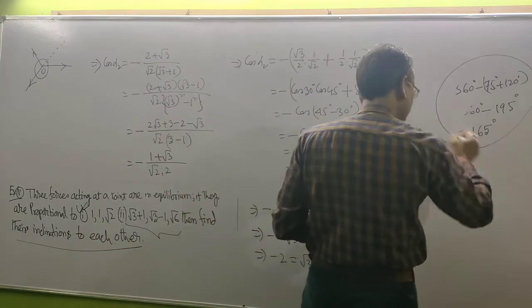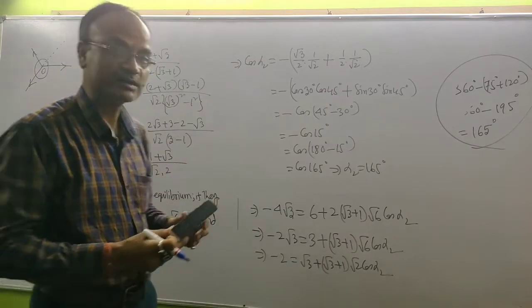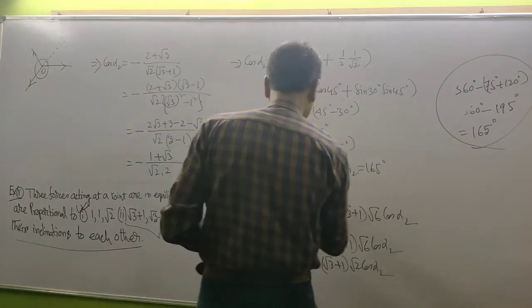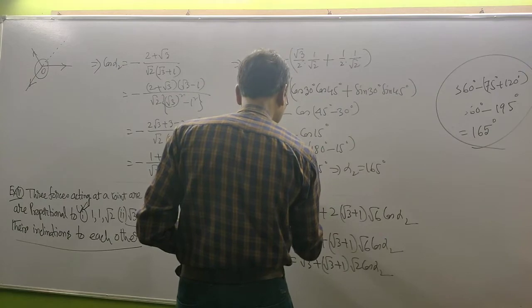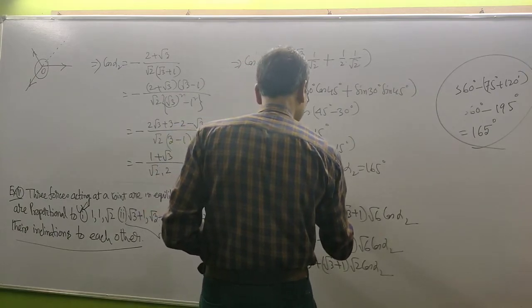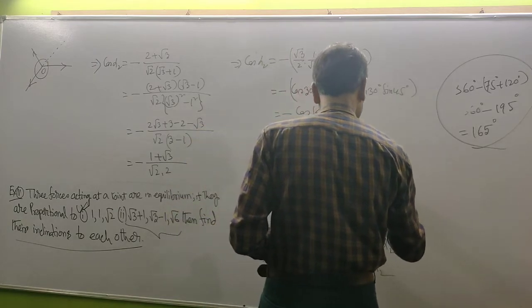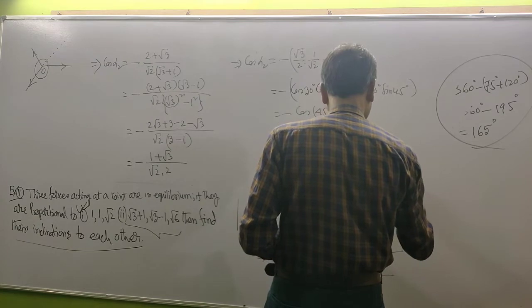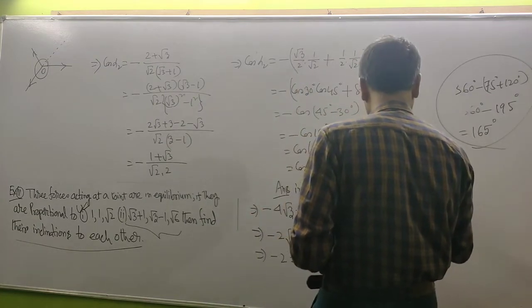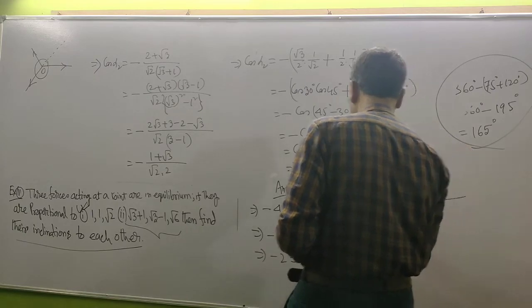We have already calculated here: 120, 75, and 165. Therefore, the required inclinations are 120 degree, 75 degree and 165 degree. Inclinations are these.